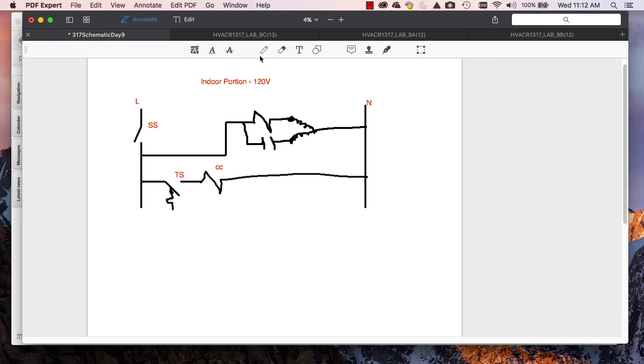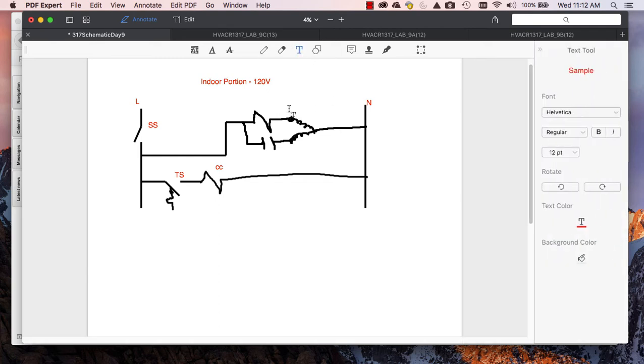Okay, so we'll label this. This is my run, start, common. We know we have a main. We have S. And we have L. Okay, and we're going to just go ahead and label this. Let's put the label right there, EFM1.